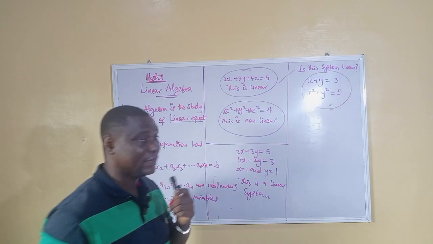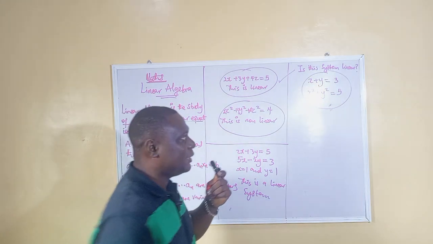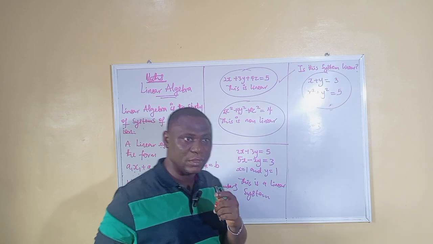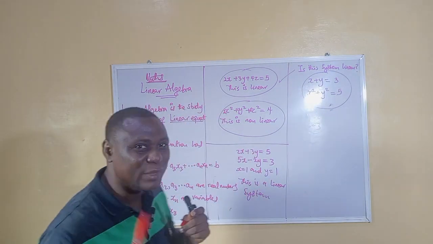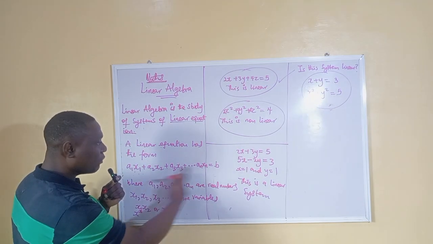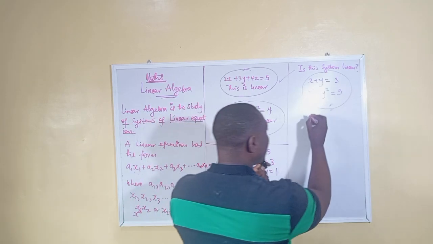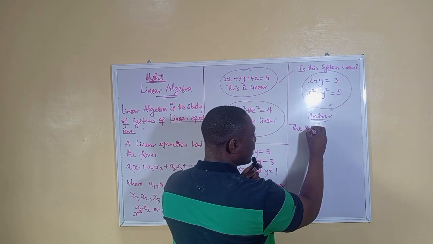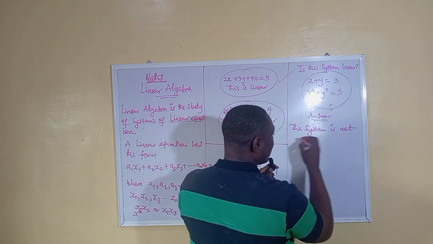When you take a very close look, you can almost tell that, no, it is not linear. Equation 1 is actually linear, but we're talking about the entire system now. Equation 2 has violated the definition of a linear equation. So the answer is that the system is not linear.